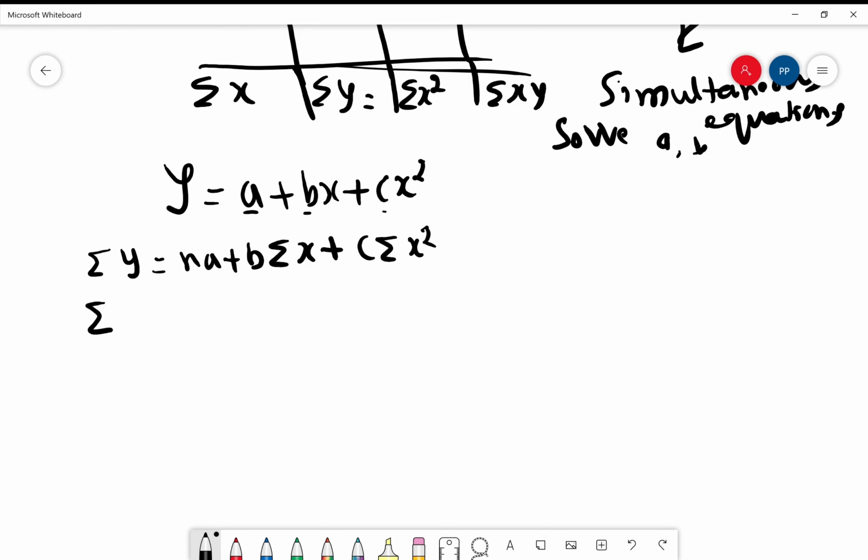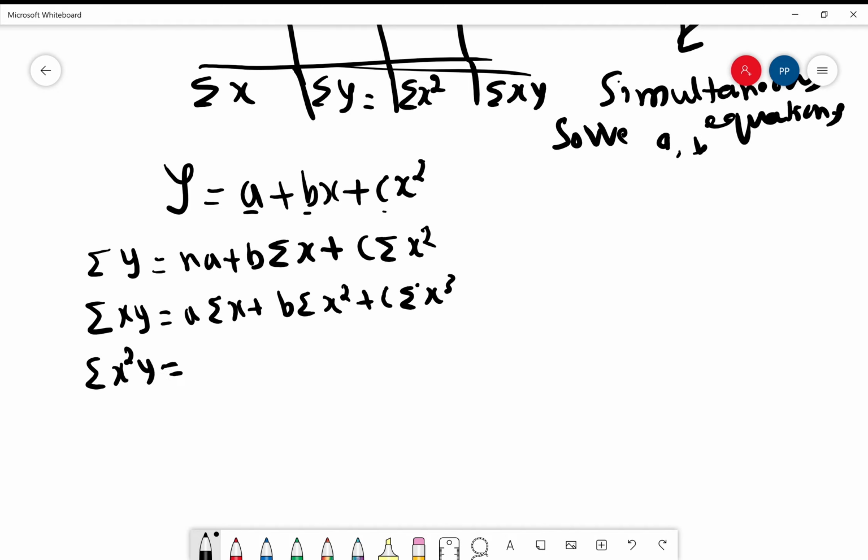Next one, just multiply by x: sigma xy equals a into sigma x plus b into sigma x square plus c into sigma x cube. And the next one is sigma x square y equals a into sigma x square plus b into sigma x cube plus c into sigma x power 4.